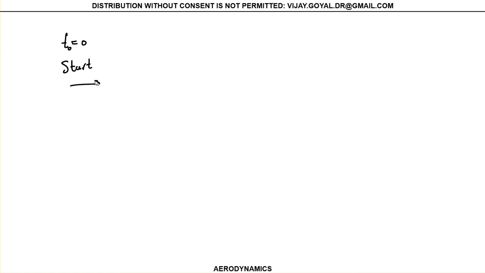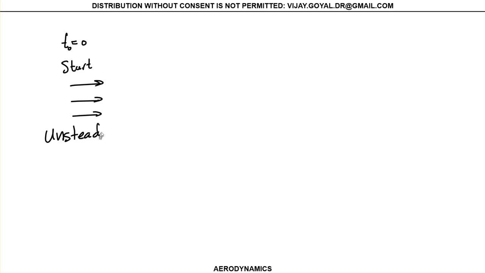So let's consider a flow that's starting at time equal to 0. This is your start point. That flow that's going to start is always going to be unsteady.